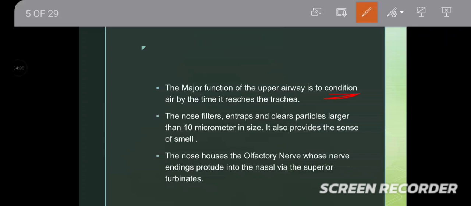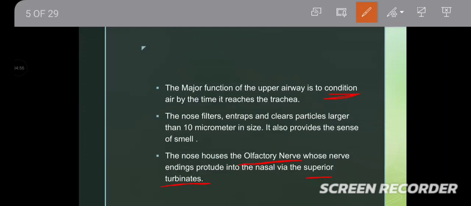So the nose filters, entraps and clears particles larger than 10 micrometers in size. It also provides the sense of smell. So it houses the olfactory nerve endings, the nerve endings of the olfactory nerve that protrude into the nasal cavity via the superior turbinates.